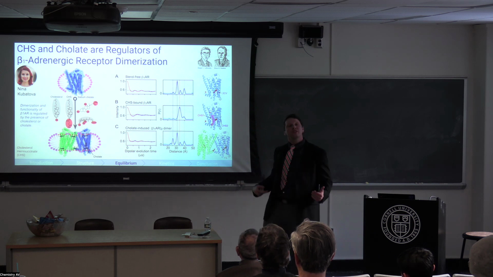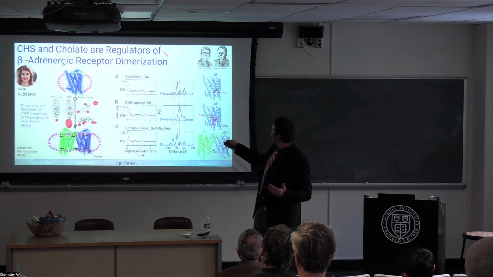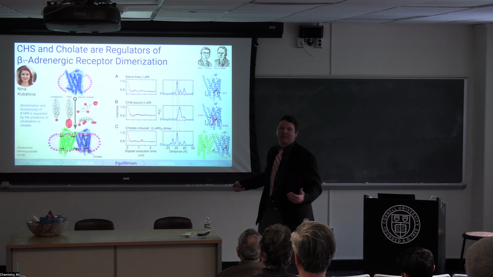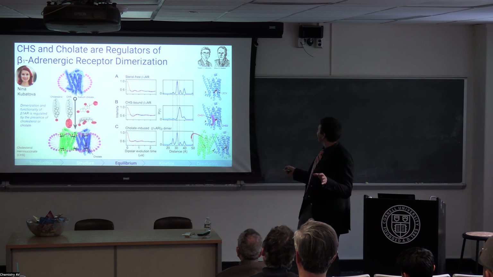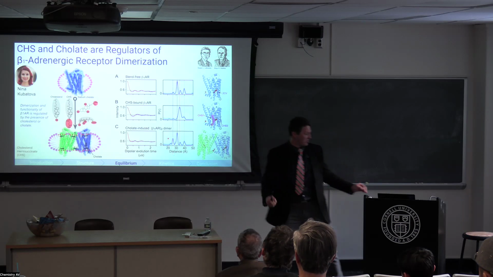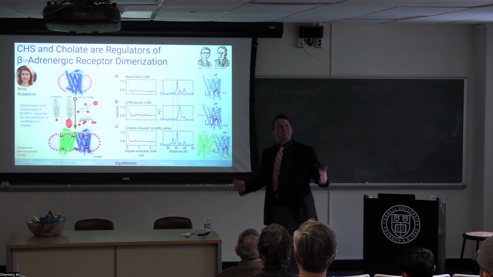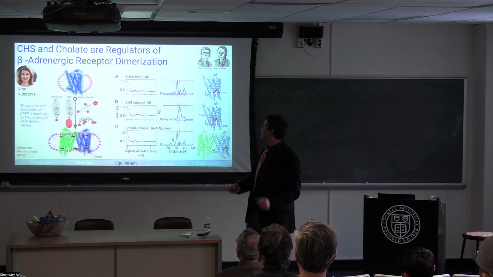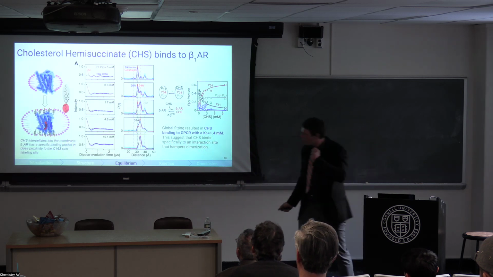Subsequently, we do the same thing, now going from our sterol-free case into binding to cholate. Upon the interaction with cholate, we can now see a dimerization event, which is characterized by a rise of a distance around 25 angstrom. Now, of course, we want to characterize this dimerization, and the binding event of cholesterol.